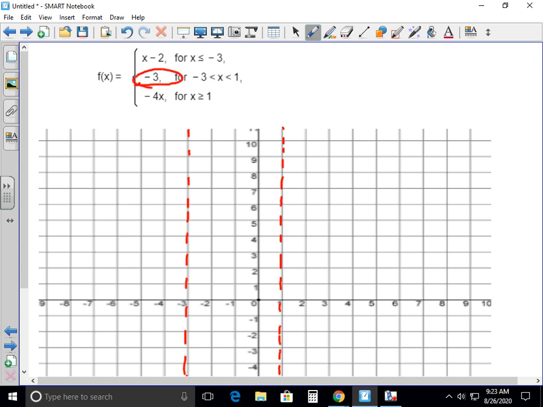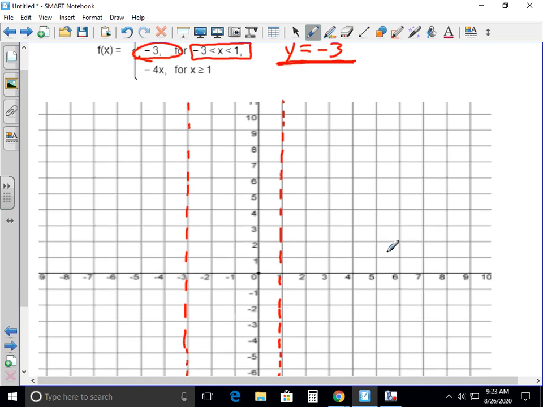F of x, or you could say y, equals negative 3. Notice there's no x in that formula. That means y is always negative 3. And when is that? If we're between negative 3 and 1. So when we're between negative 3 and 1, our y is negative 3.